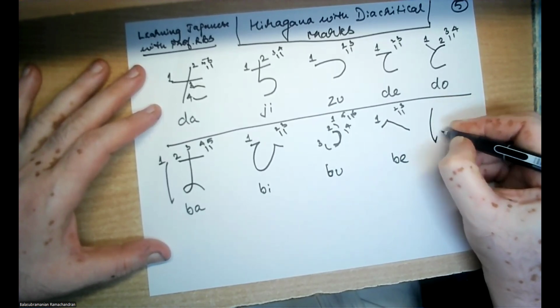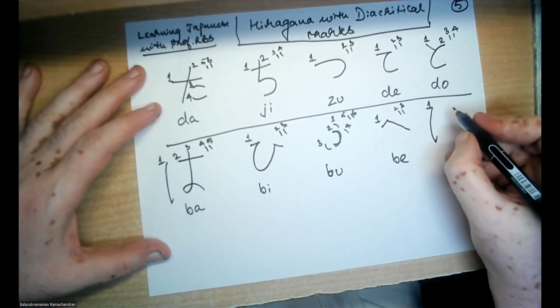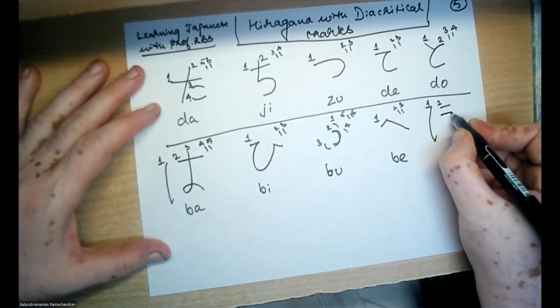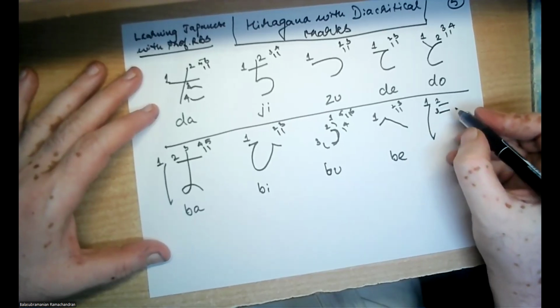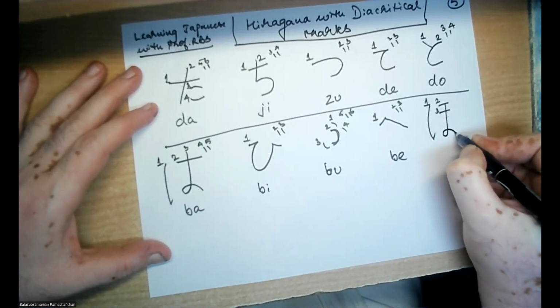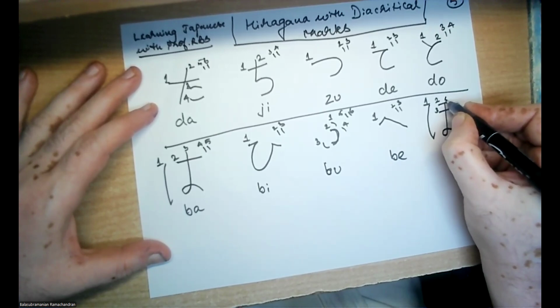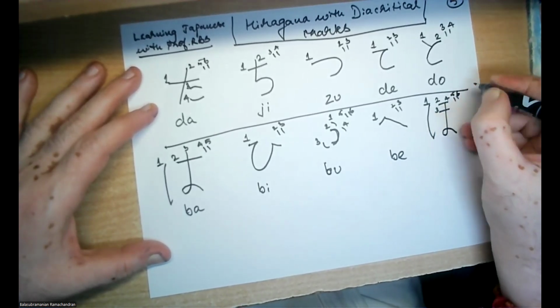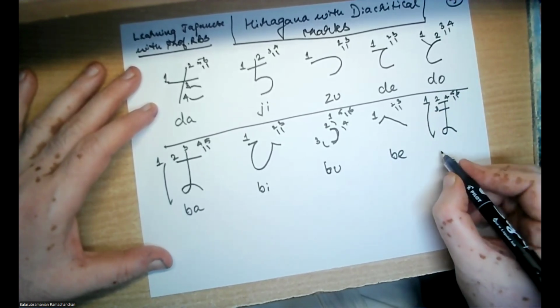Stroke 1, stroke 2, stroke 3, and then stroke 4, cutting these lines. Stroke 4, 5, and 6. Okay, there you have Bo.